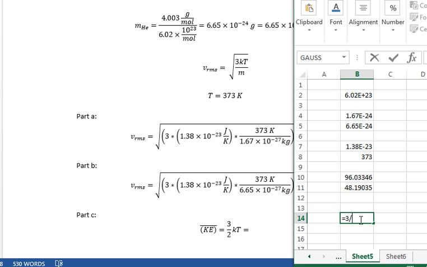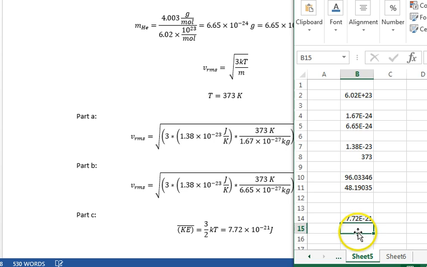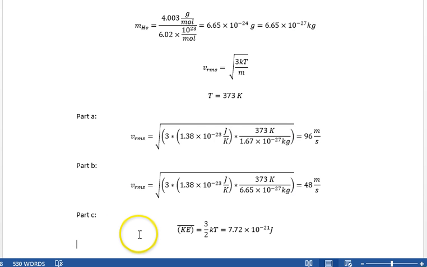Kinetic energy, 3/2 times k times T. We get 7.72 times 10 to the minus 21 joules as an average kinetic energy. And you'll notice mass is not involved at all.